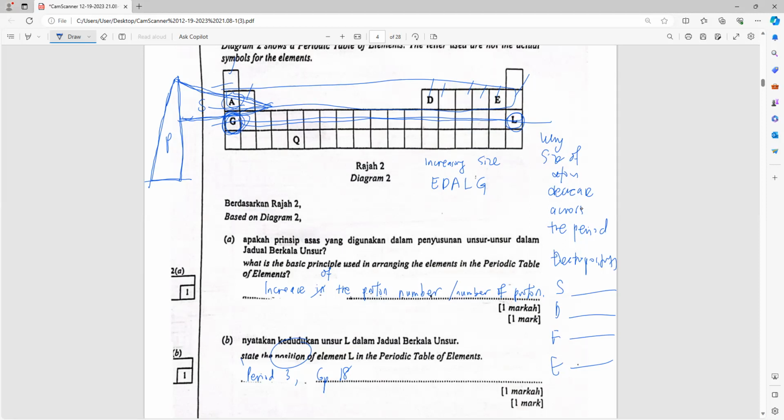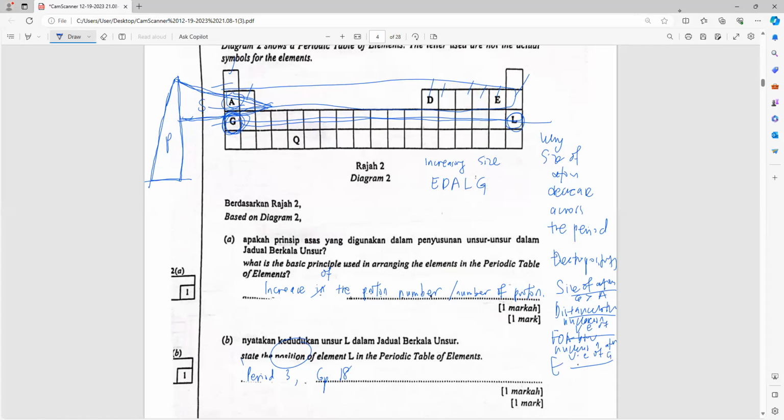The atomic size, the size of atom G is more than the size of atom A. That's your S, saya. D is the distance between the nucleus and valence electron of atom G is further than atom A. F is forces of attraction between nucleus and valence electron. You must have the words nucleus and valence electron.